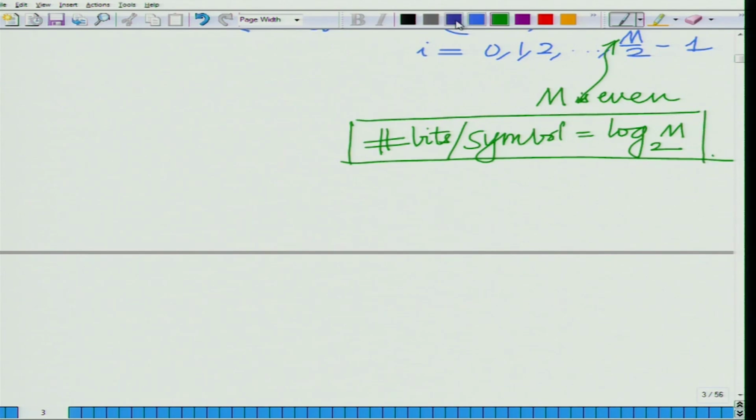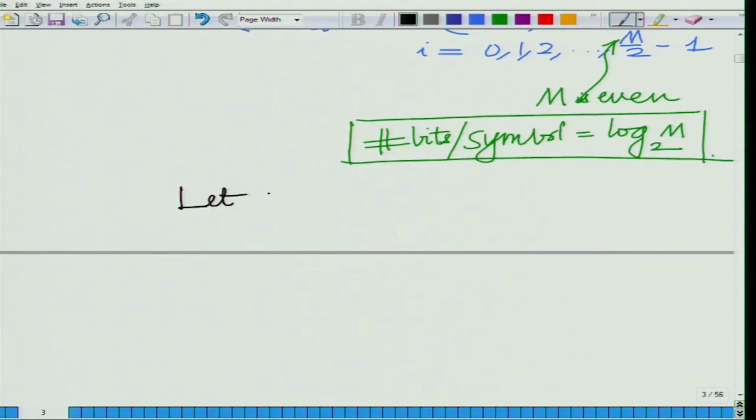Now, as we have seen several times before, we have to normalize things such that the average bit energy or average symbol energy is the same. Since we have more than one bit per symbol, let us start with the average symbol energy. Let the average symbol energy be denoted by ES.